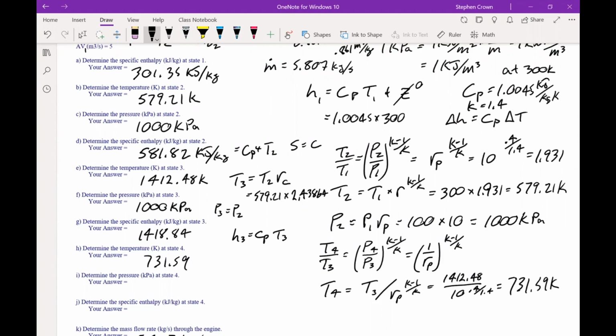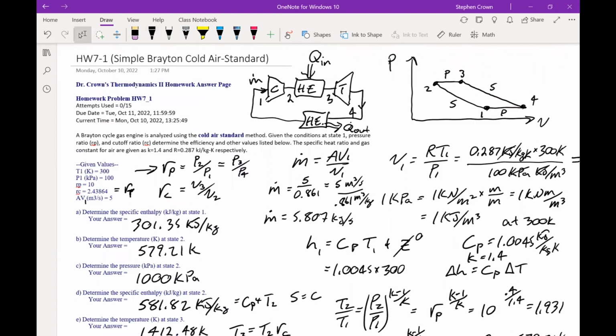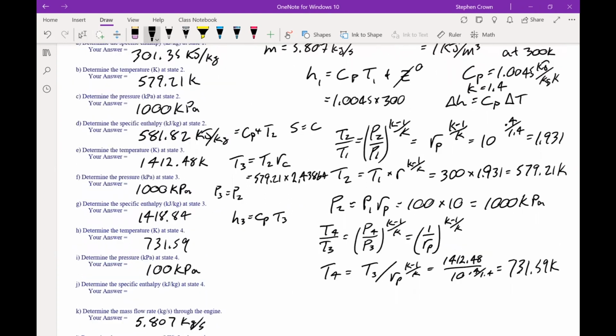And the pressure at 4 is equal to the pressure at 1, if you look at the PV diagram, since process 4-1 is an isobaric process. And then again, H4 equals the specific heat at 300 degrees, since we're using cold air standard, times T4.